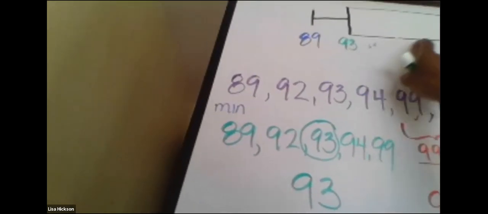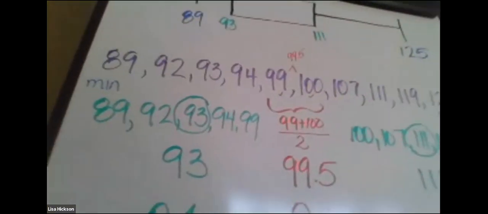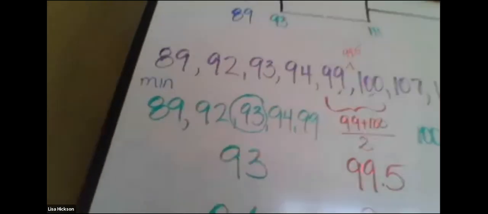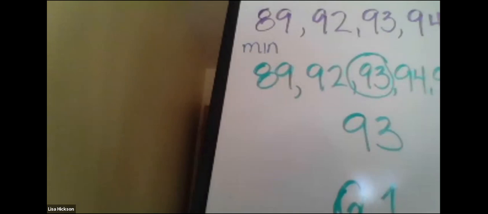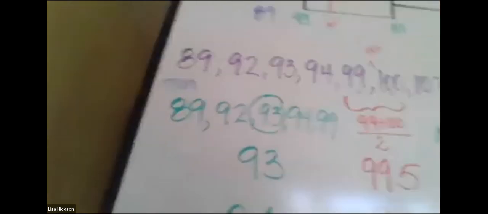Because in the long run, and we're going to talk about that when we talk about comparisons, that describes a specific distribution in a box plot. Because remember, it's going to be either skewed left, skewed right, or symmetrical.